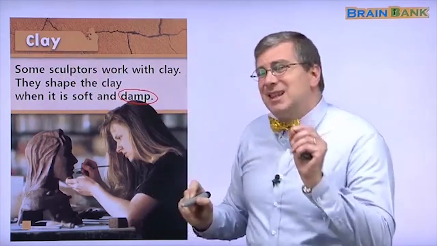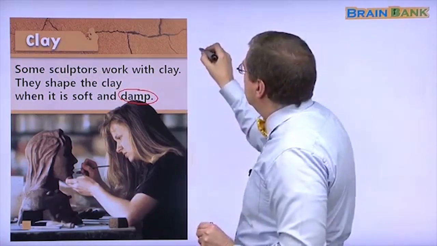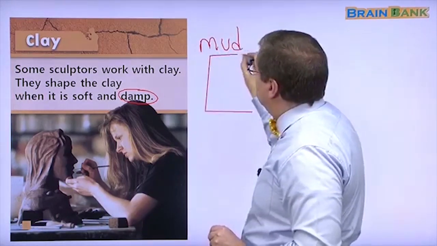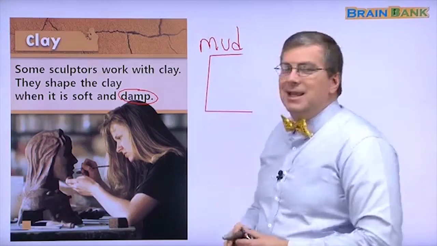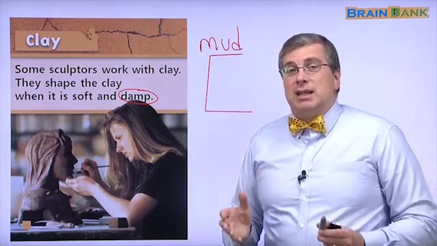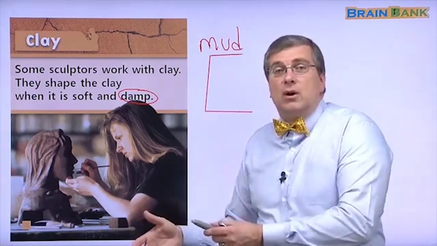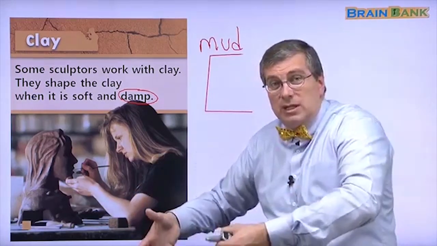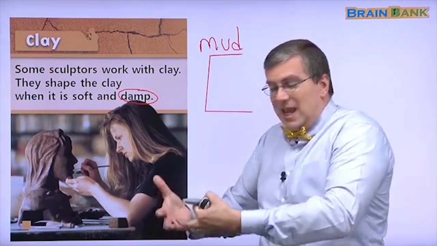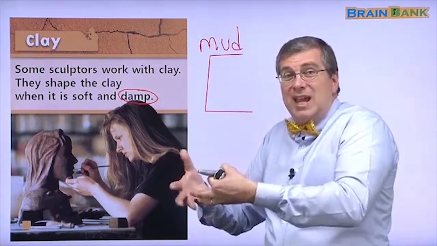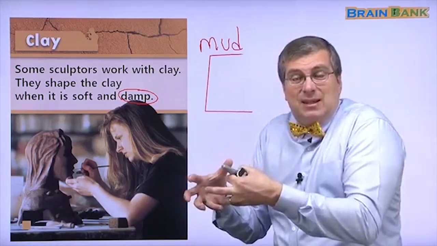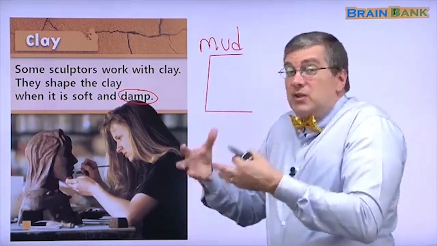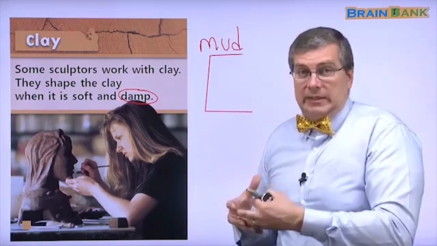Clay is like mud. Mud 비슷한데요, right? Okay. Clay is like mud. If you go to a river or a lake and you put your hands in the ground, sometimes you can take up pieces of the ground and it's sticky, right? It sticks together. That's clay. There's a lot of water in it.